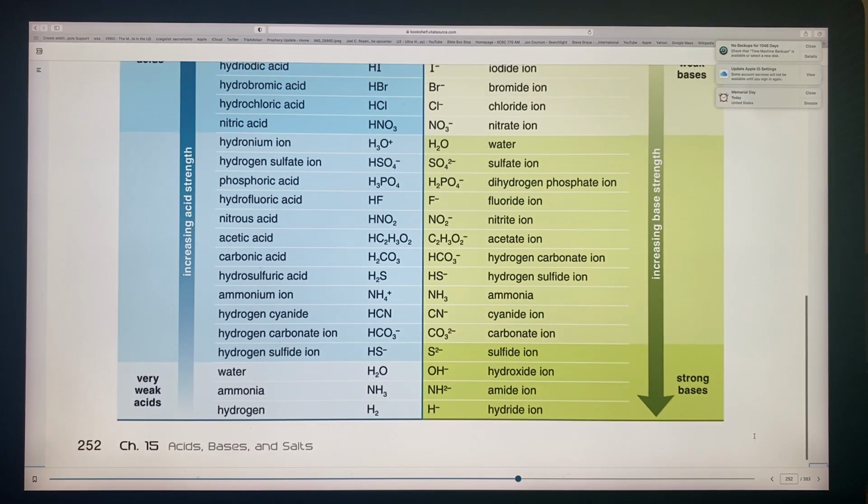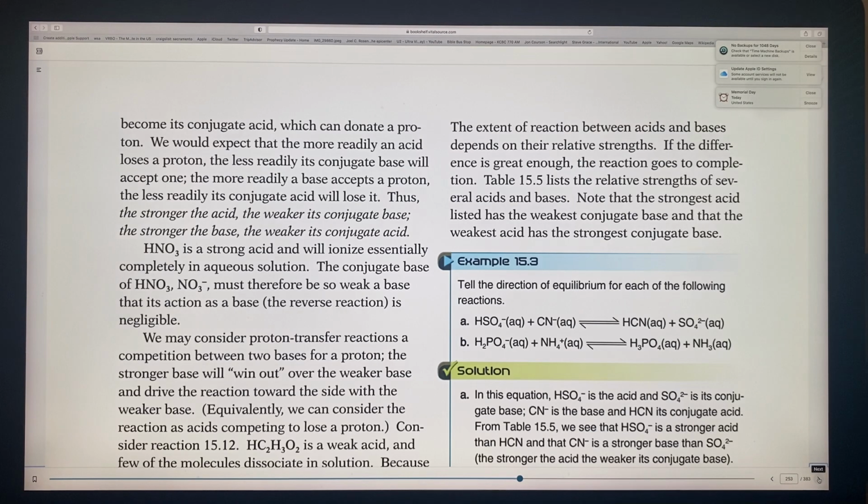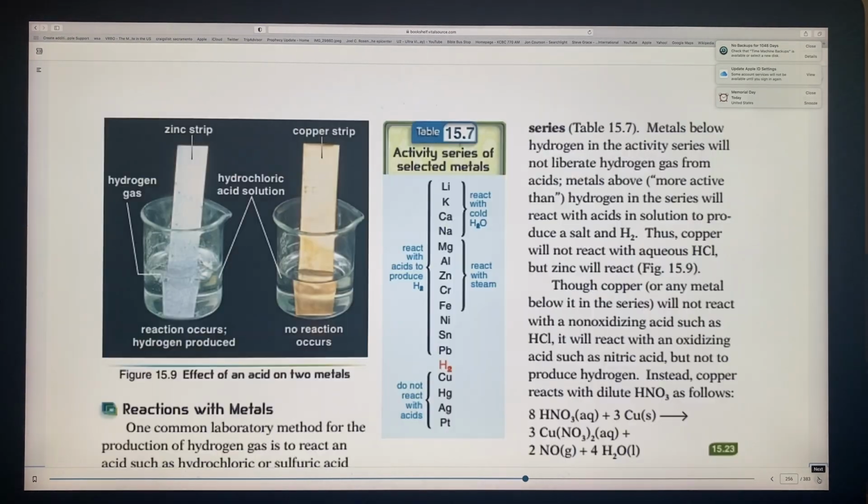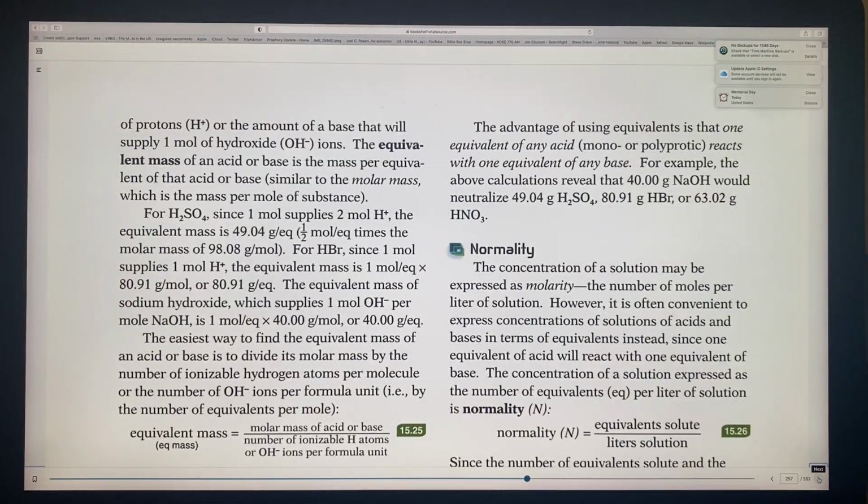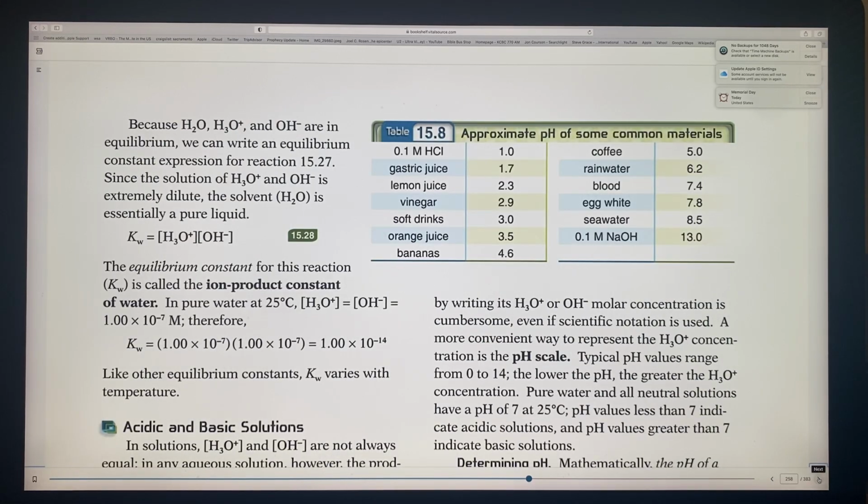The hydroxide ion down here is very basic, and then we see the carbonate ion, ammonia. So that's what we're going to look at when we put them together: which ones are strong and which ones are not so strong in producing this in the salt.